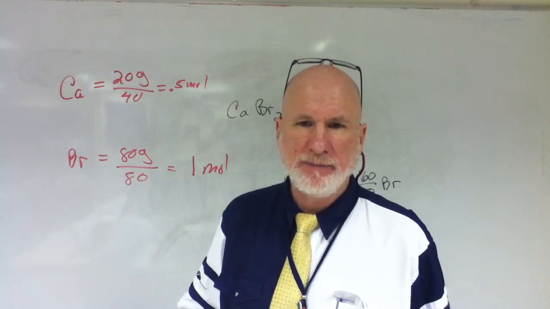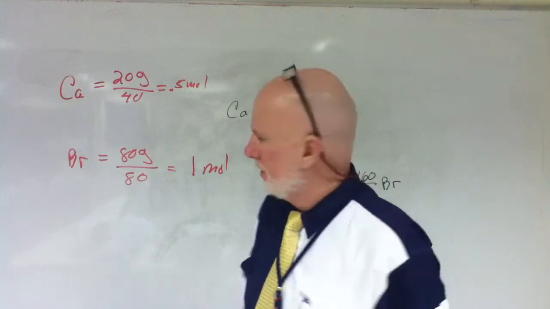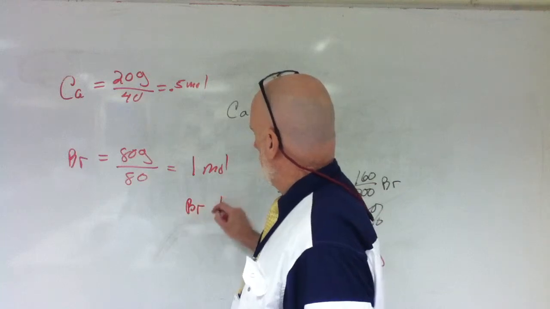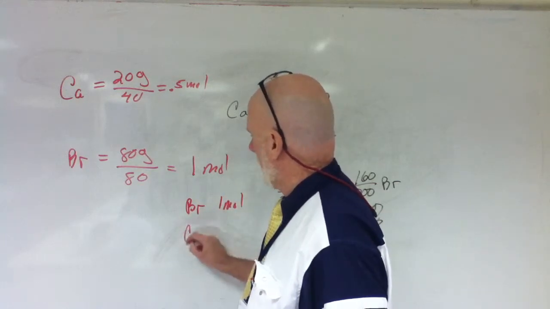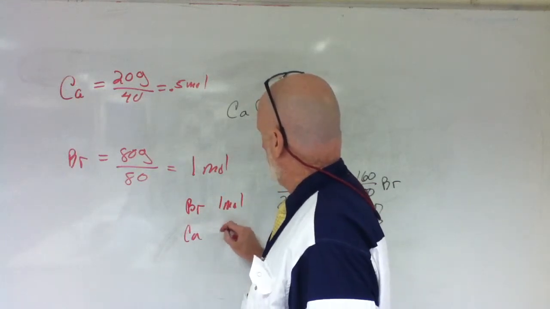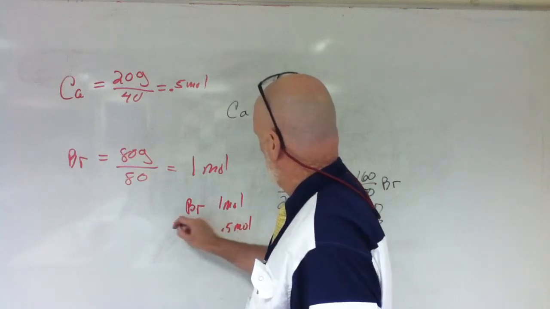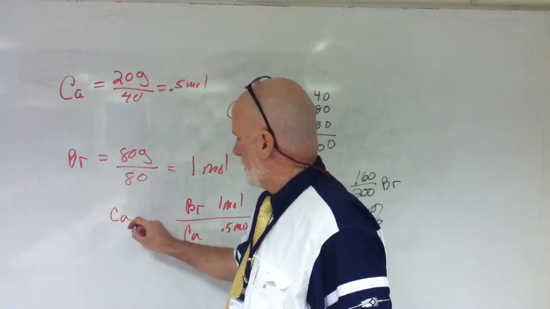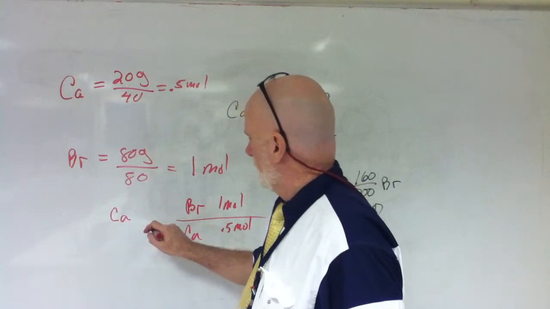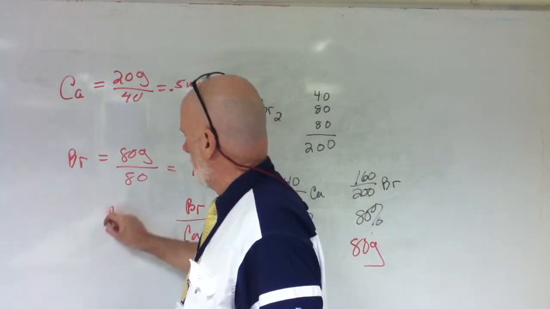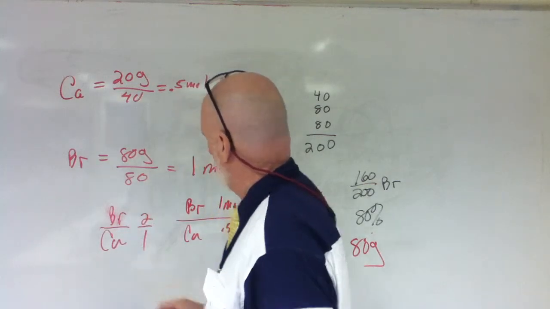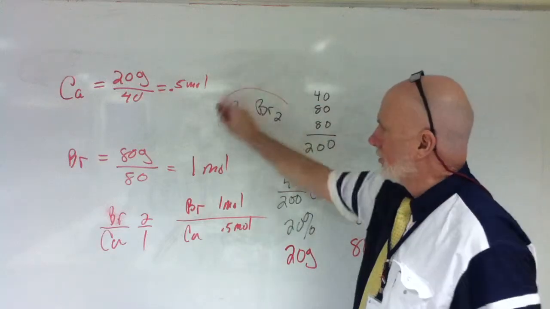What's larger, the moles of bromine or the moles of calcium? So it would be bromine, 1 mole, over calcium, which is 0.5 moles. It's going to be bromine over calcium, 2 to 1, which is what we started with.